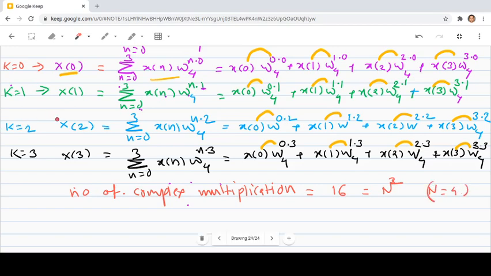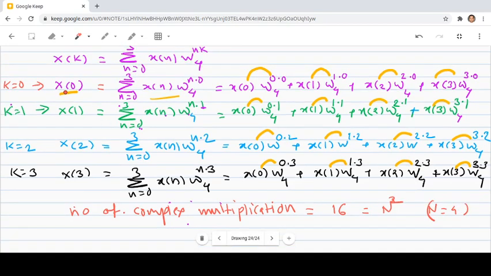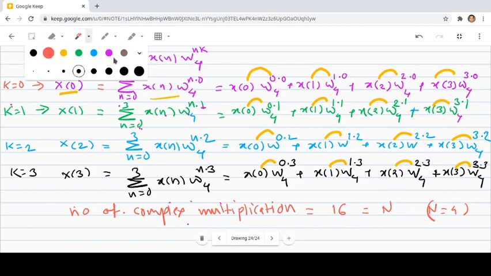So for every coefficient we require 4 complex multiplications, or you can say N complex multiplications for every coefficient, and there are in all N coefficients, so it requires N squared complex multiplications.